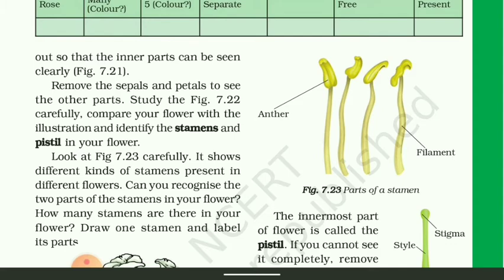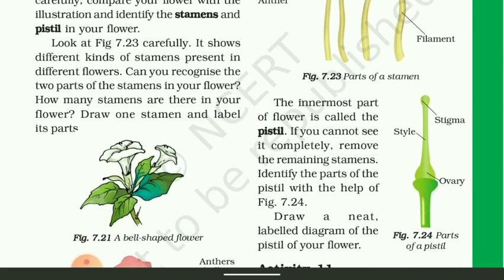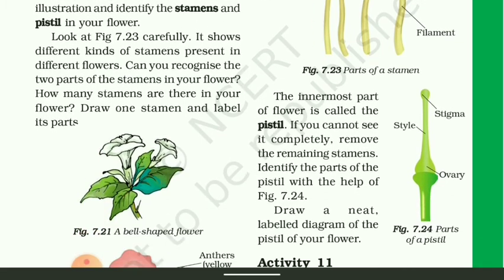Compare your flower with the illustration and identify the stamens and pistil in your flower. Look at figure 7.23 carefully. It shows different kinds of stamens present in different flowers. Can you recognize the two parts of the stamens in your flowers? How many stamens are there in your flowers? Draw one stamen and label its parts.